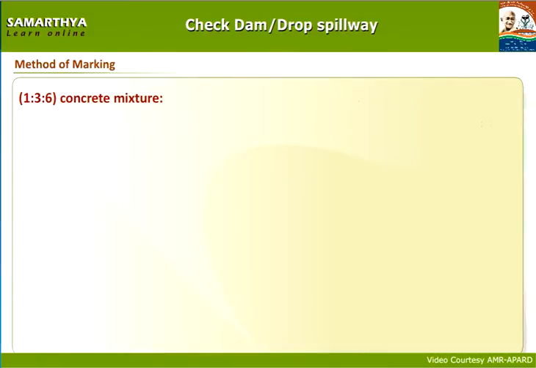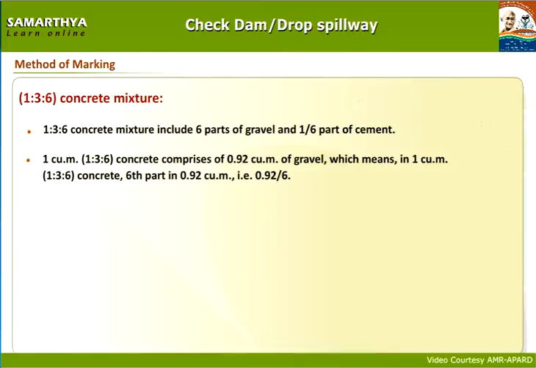1:3:6 concrete mixture. 1:3:6 concrete mixture includes 6 parts of gravel and 1/6 part of cement. 1 cubic meter of 1:3:6 concrete comprises 0.92 cubic meter of gravel, which means in 1 cubic meter of 1:3:6 concrete, the sixth part is 0.92 divided by 6.